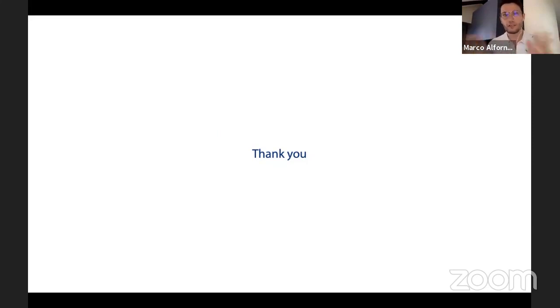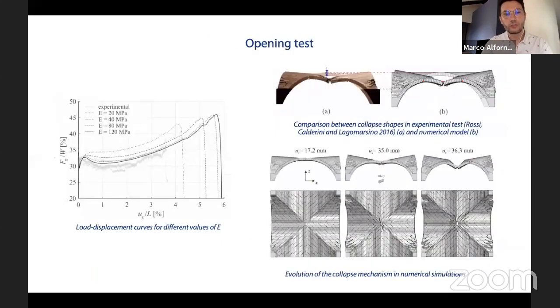The collapse mechanism is the same. The ultimate displacement changes, and we did that parametric analysis because we saw that, maybe I can go back and show you, the ultimate displacement is overestimated with respect to the experimental ones. So we did that parametric analysis to see if elastic modulus does have an influence.